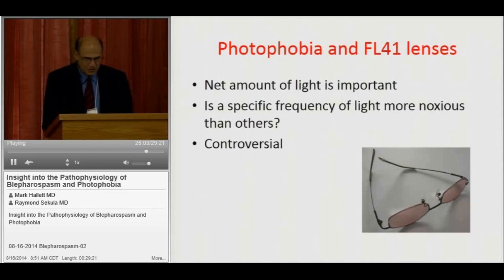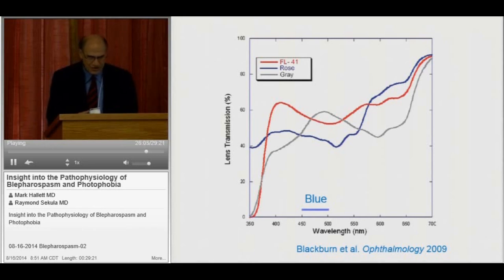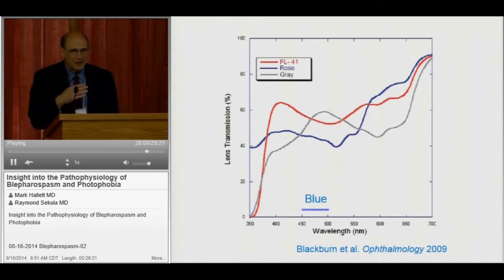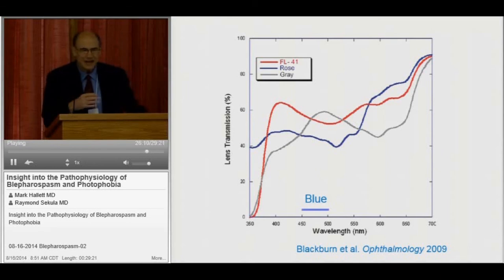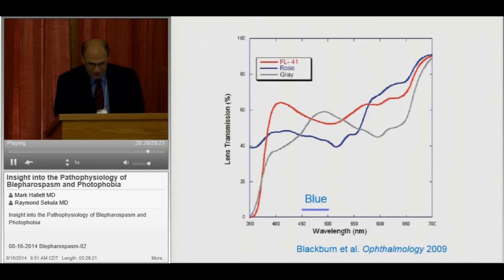And if it is in fact blue light, then these FL41s might be particularly good. So let me show you the wavelengths of different light in terms of the amount of transmission that you can see with the different lenses. This is the wavelength on this axis, and this is the amount of transmission of light on this axis. If you look at a gray dark glass, that's this gray curve here, and you can see that it blocks a lot of light.